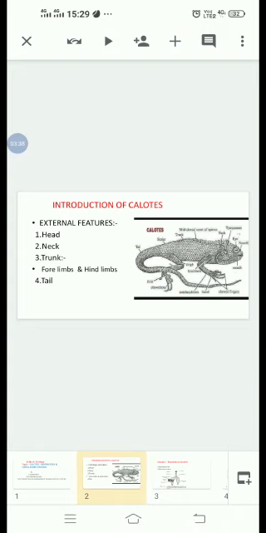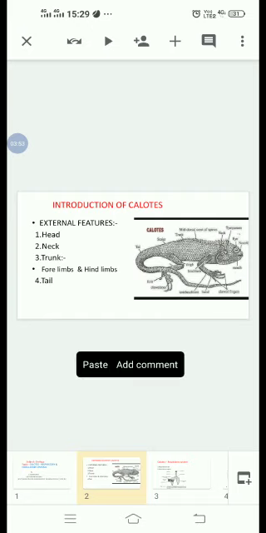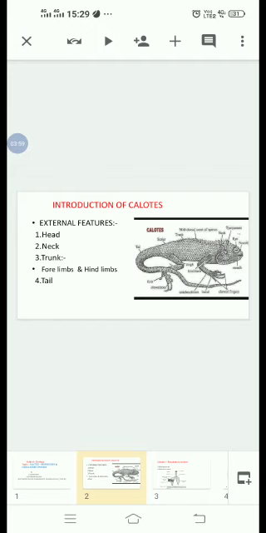Next is neck. The neck is short and narrow, and it joins the head with the trunk. Next is trunk. The trunk is elongated. The trunk bears two pairs of limbs. They are more or less equal in length.